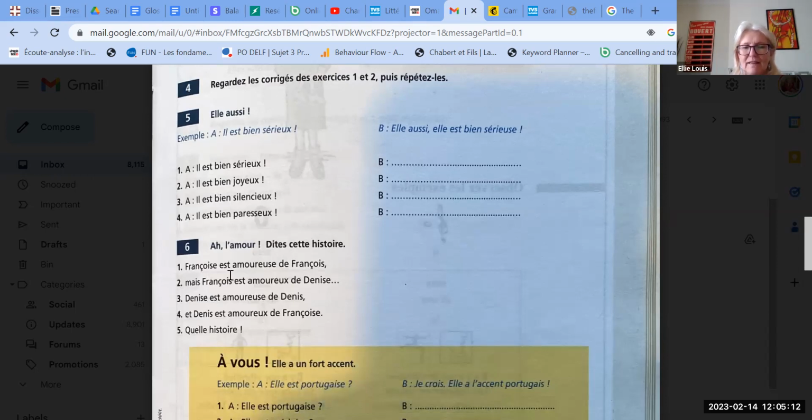Françoise est amoureuse de François. That T from the est, from the être, does run through as a liaison. So, Françoise est amoureuse de François. Okay, then what's the next line? You have a go?